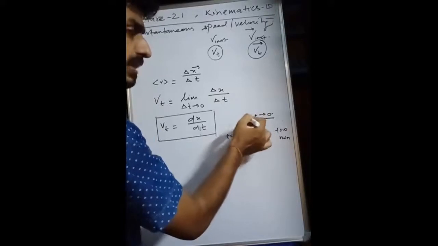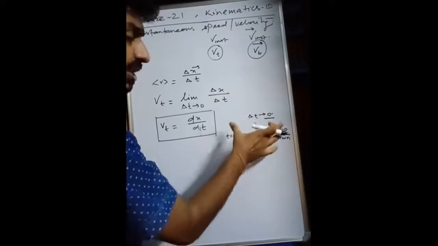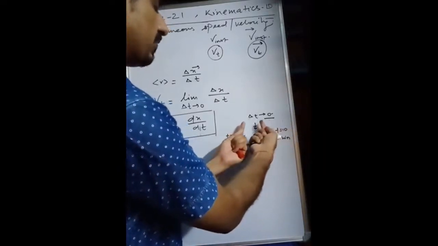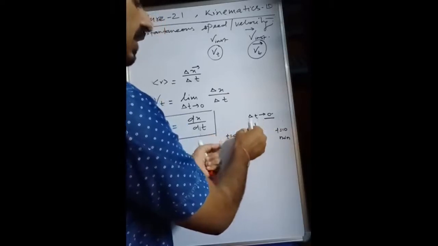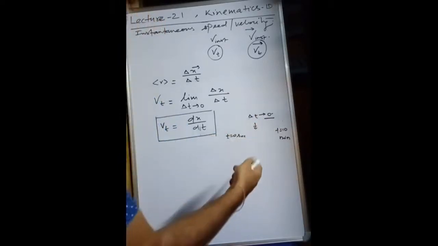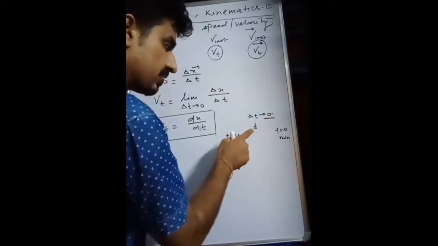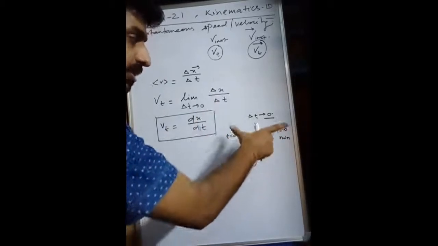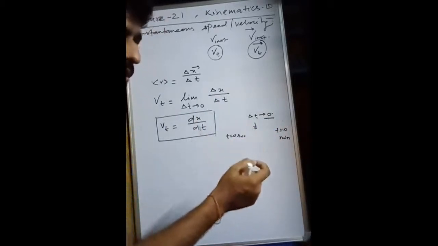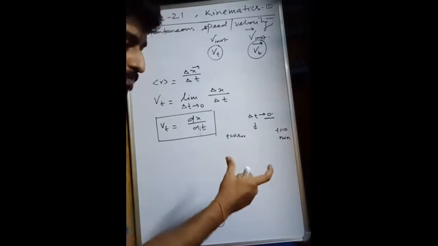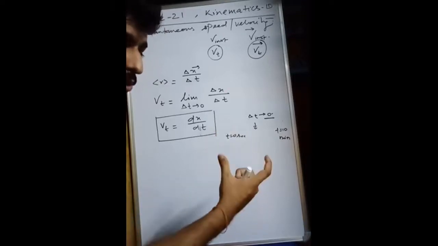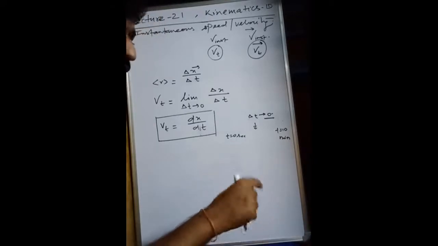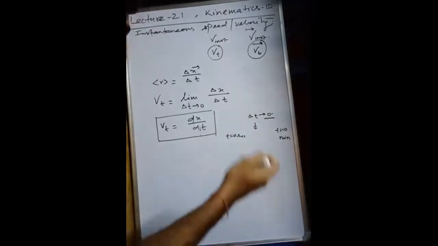It does not mean the time is 0, but the change in time, you are studying a very small time interval, though which time it is is not given. But this gives you the concept of a point at a particular time. This is not a very large time interval. 5 minutes is a long time interval, and 4 seconds is also a long interval, but the 4th second is a momentary time.